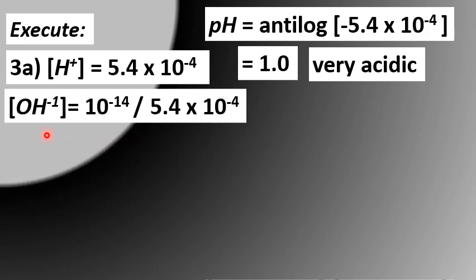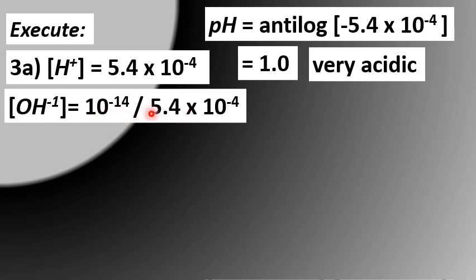So we can continue determining the negative hydroxide ion concentration using this formula: 1 times 10 to the negative 14 divided by 5.4 times 10 to the negative 4. Earlier, we said that this value, 1 times 10 to the negative 14, is the product of the concentrations of the hydrogen and the hydroxide ions.